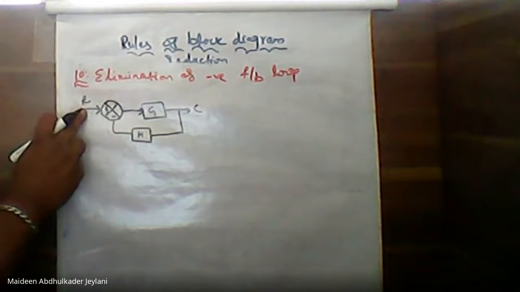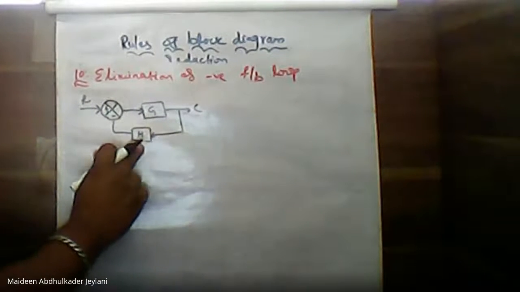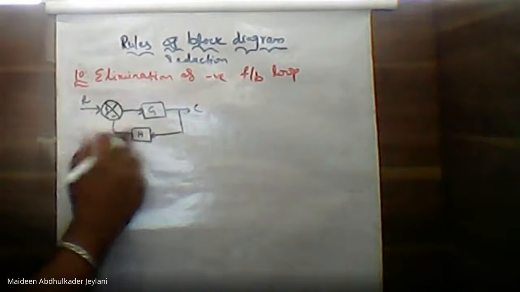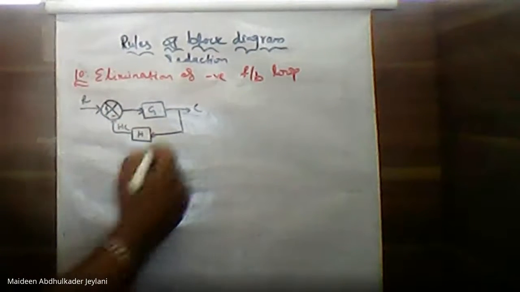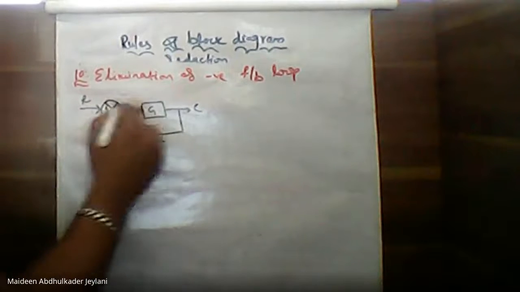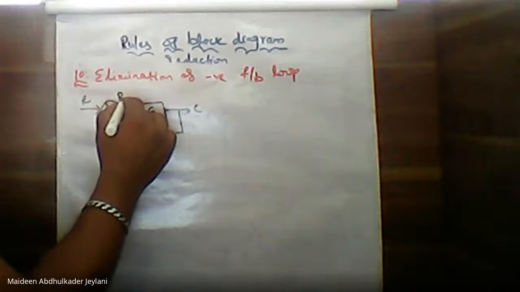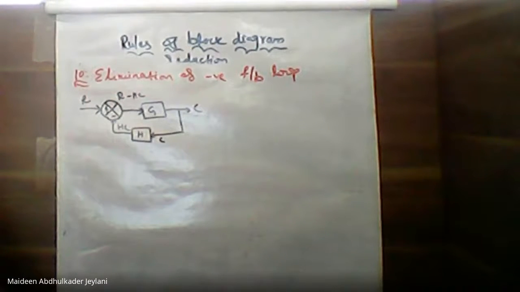Here the input to H, the feedback loop, is C. The output of the feedback loop is H into C. So the output of the summing point is R minus HC.